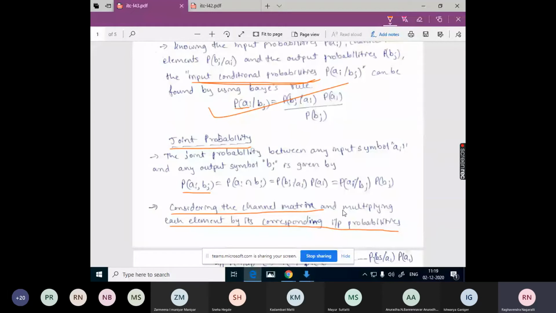Here we have two parameters, one for input and one for output, i and j. i varies from 1 to R and j varies from 1 to S. So we have two summations, and P of Ai comma Bj summed is equal to 1. The sum of all these joint probabilities in the JPM is equal to unity.